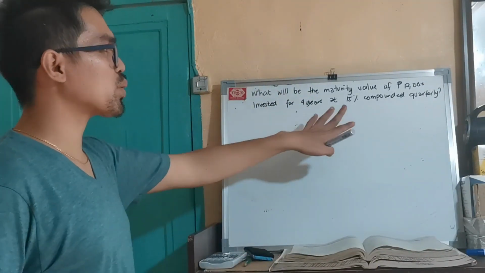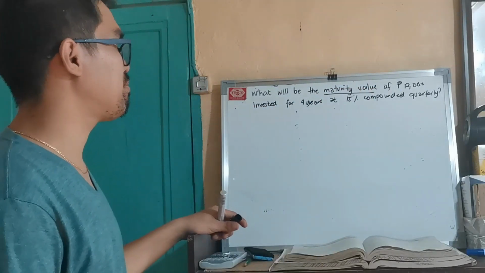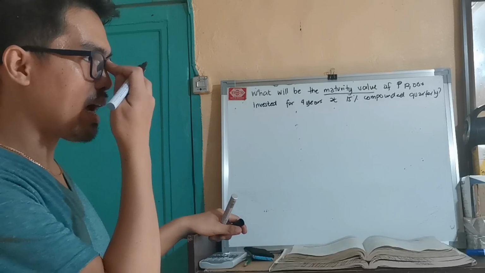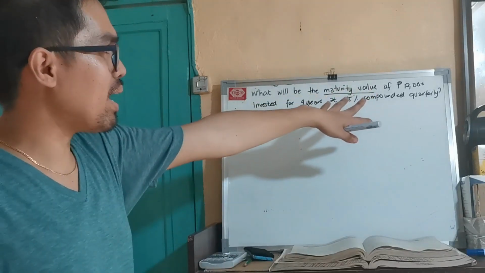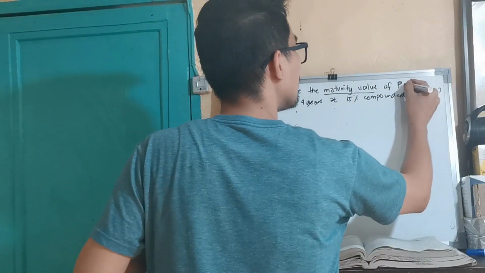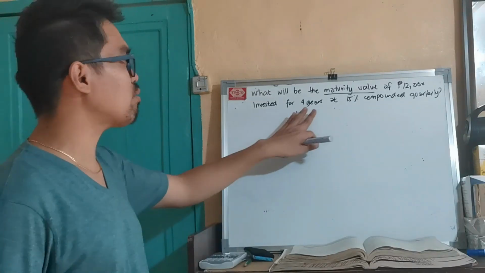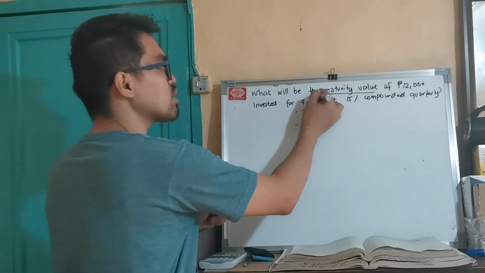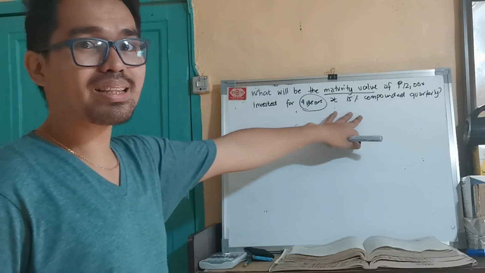What will be the maturity value? Take note, maturity value, so we're solving for F. The maturity value or the amount due of an amount 12,000 as your capital or principal amount invested for 4 years. This is the duration. And then you have the J, the nominal interest rate.